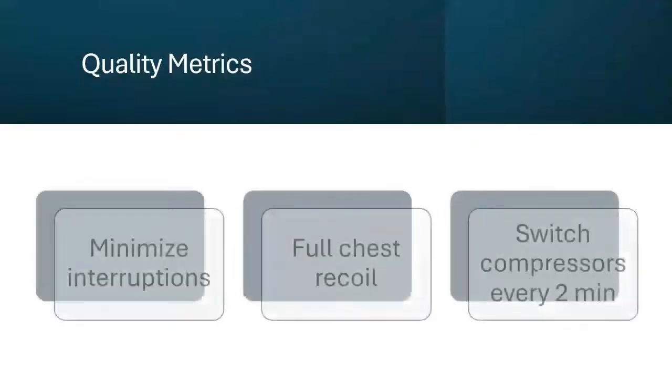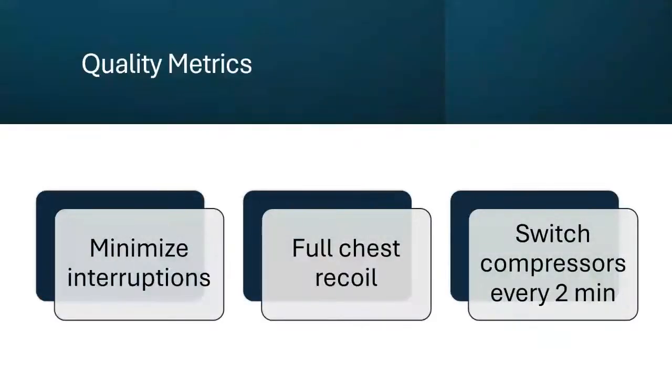Okay. So what I think of for this is minimizing interruptions in compressions, because compressions are the most important thing for keeping the cerebral perfusion pressure where it needs to be. We want to allow for full chest recoil to make sure that we're getting good circulation, and then making sure that we're having fresh compressors switching out every 2 minutes.